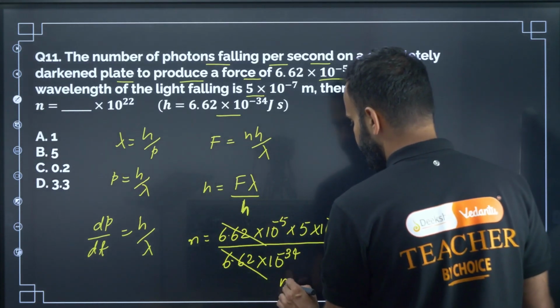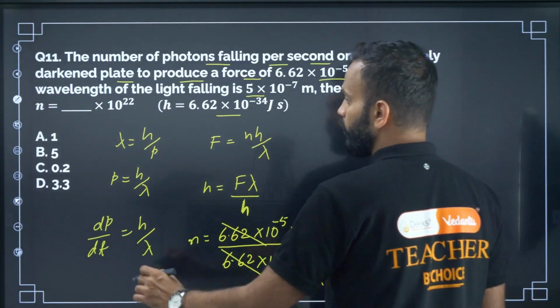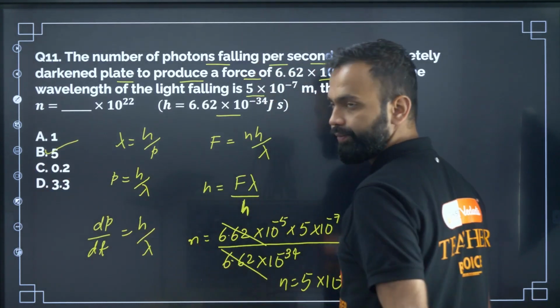So n equal to 5 into 10 to the power 22. So the correct option is B.